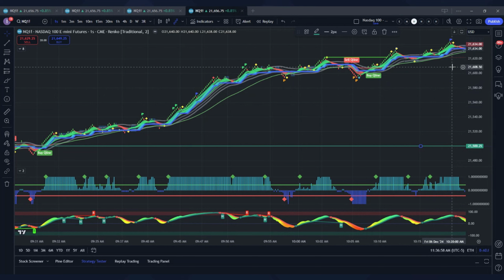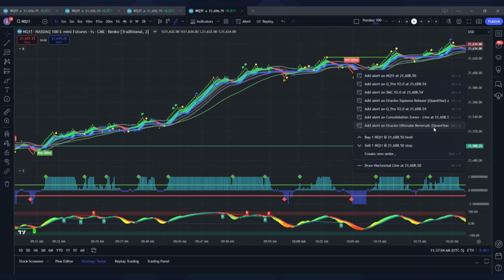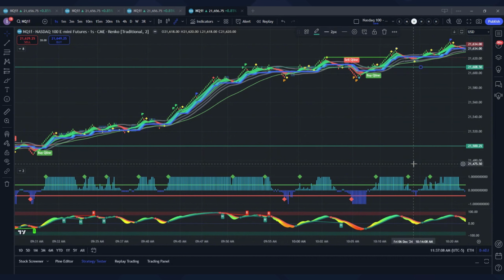So I'm going to show the moment that you should have gotten in according to Q line as well as Q cloud, and the moment that you should have gotten out. As you can see, there was about a 108 point opportunity, right? From 21,500 to 21,608 is when you got buy Q line here, and when you got sell Q line here.